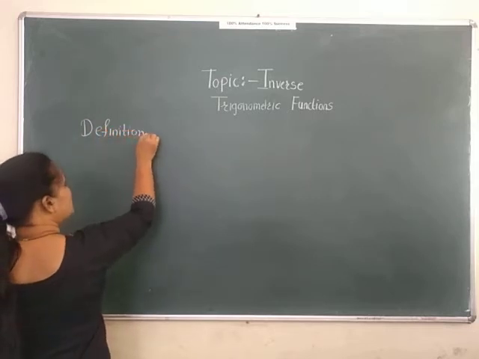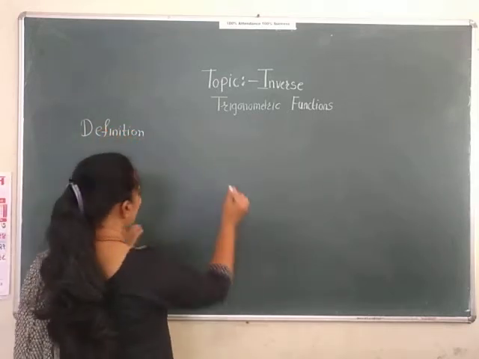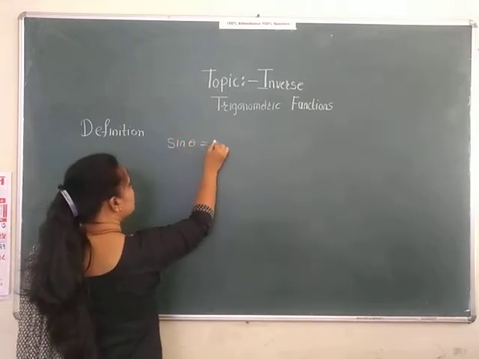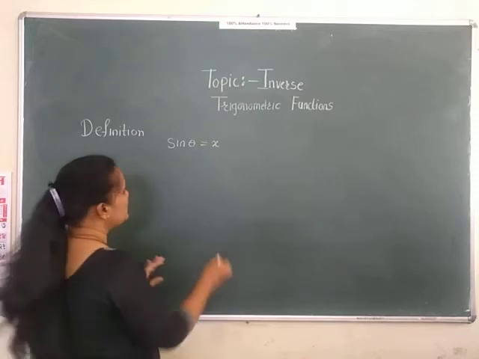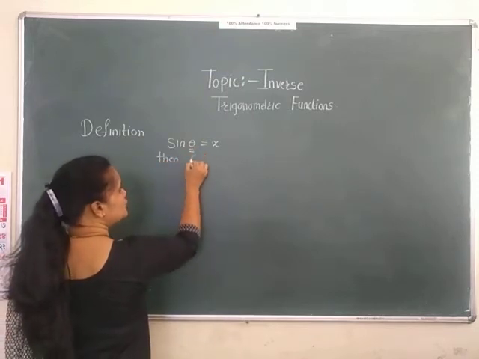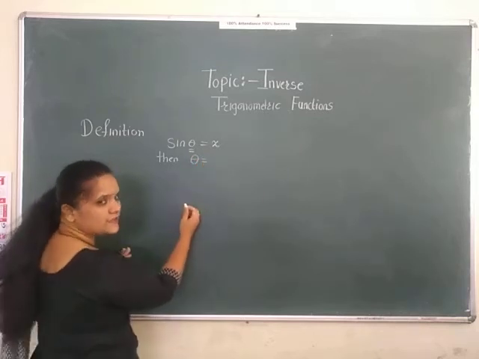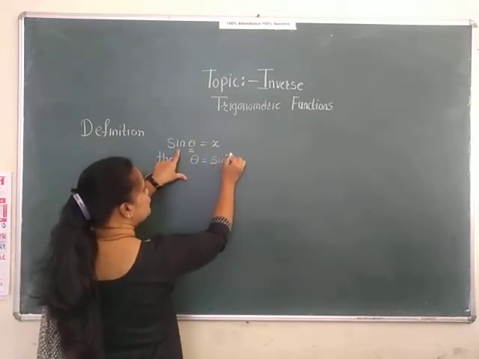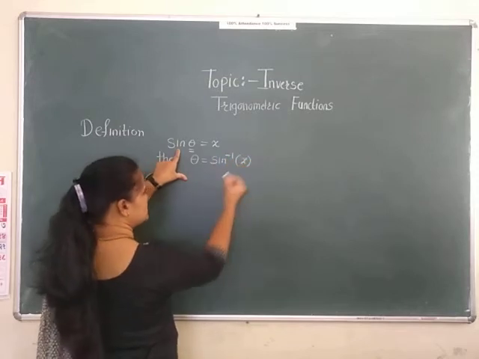Definition of inverse trigonometric function. Suppose I write sin theta is equal to x. Then this theta's value can be written as theta is equal to sine inverse of x.